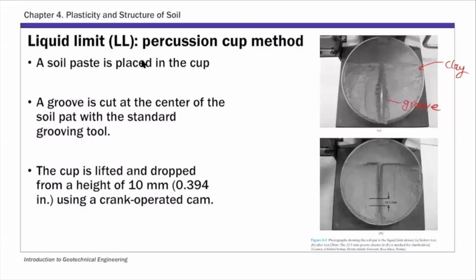And then you lift that percussion cup and drop it from a height of 10 millimeters. Again, if you use that percussion cup device, these are all standard. So use that crank-operated cam to lift and drop your soil specimen. And as you lift and drop, that groove at the bottom is going to close.